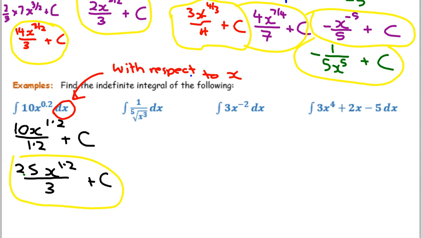Times the top and bottom by 10, 12 over 10, which simplifies to 6 over 5. So instead of 1.2, you could have written 6 over 5 as well. The main thing is the algebra gods don't like that decimal in there.